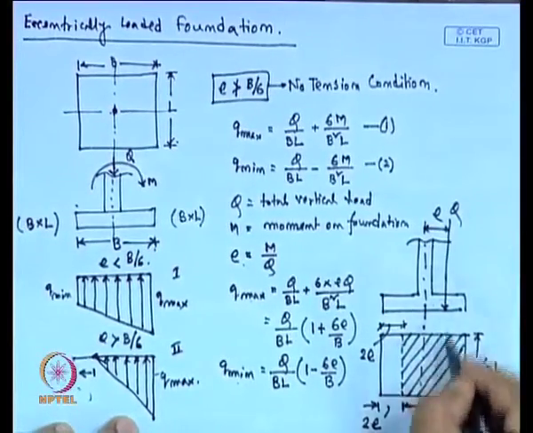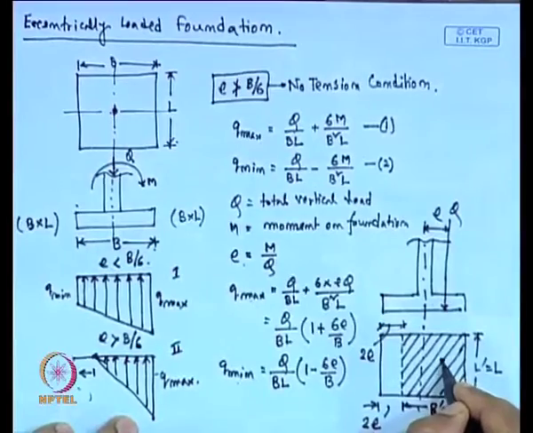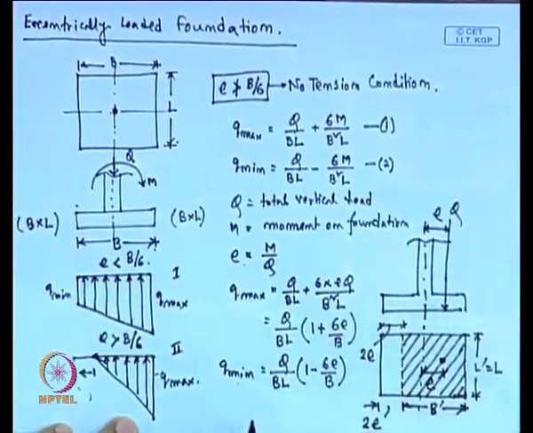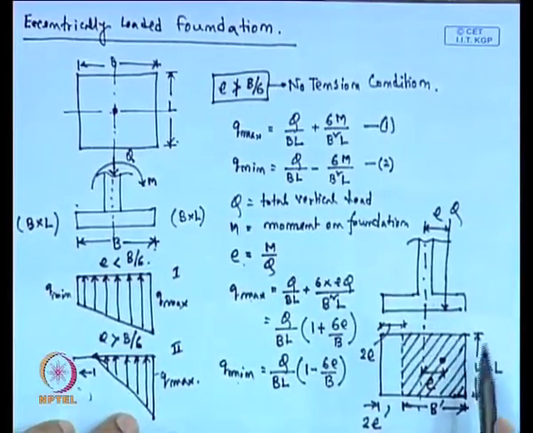Now, suppose this is the point where loading is applied, where E is this value. So, our effective area is basically reduced because of this loading condition.